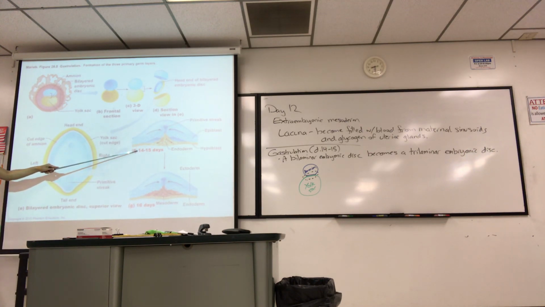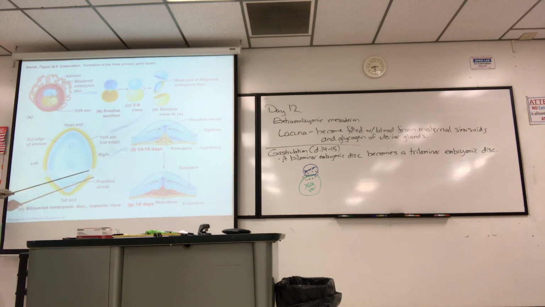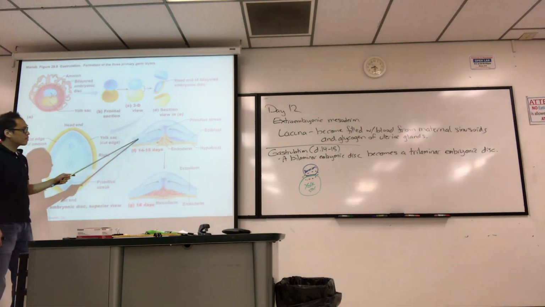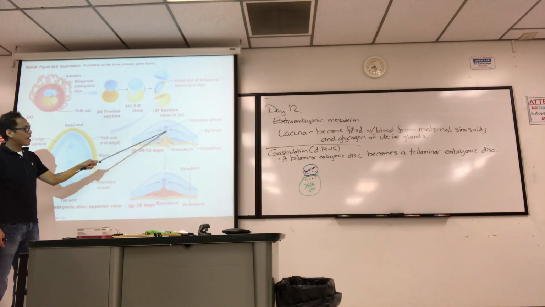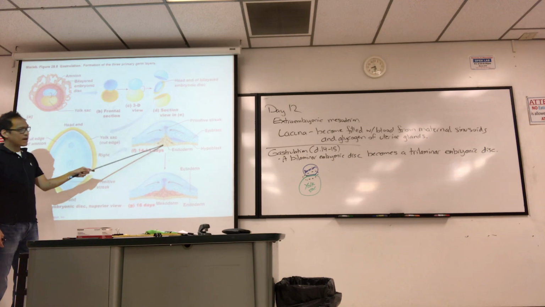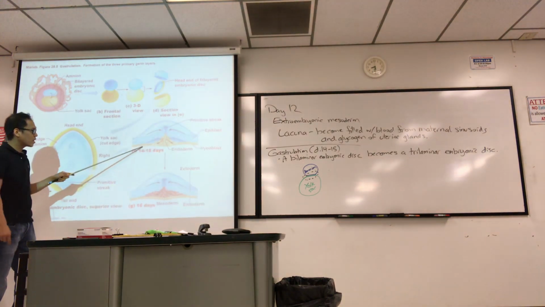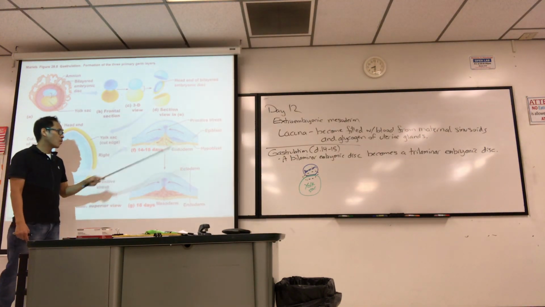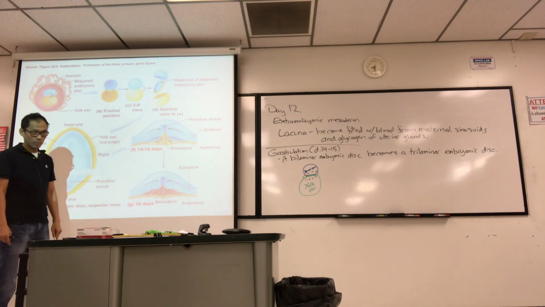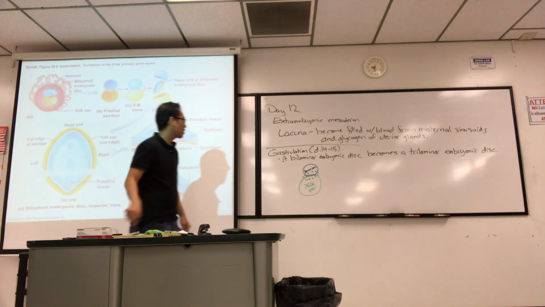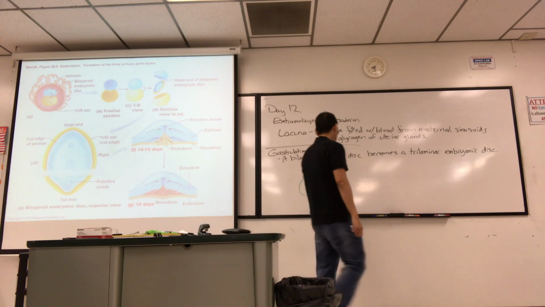So the first thing that happens around day 14, 15 is you have this primitive streak, which will become the space for the vertebral canal. Cells from the epiblast layer migrate into that streak and then dive down here. They take over the bottom layer and form what will become the endoderm.